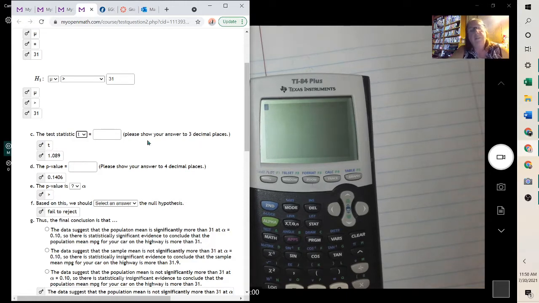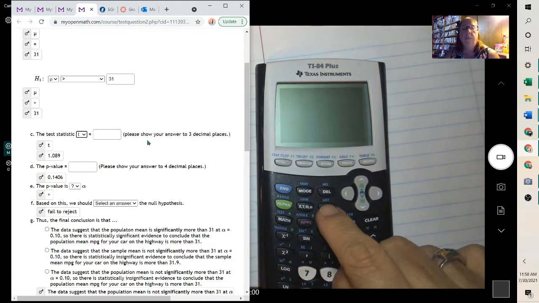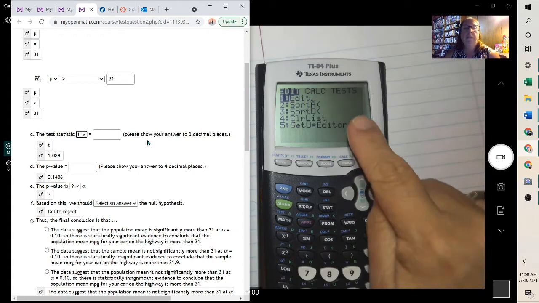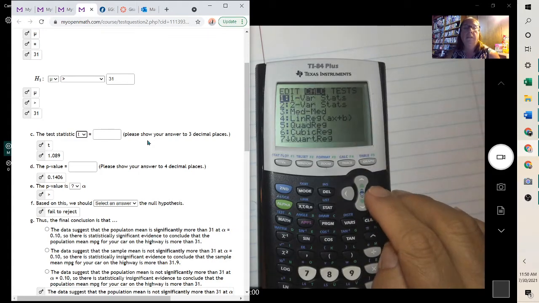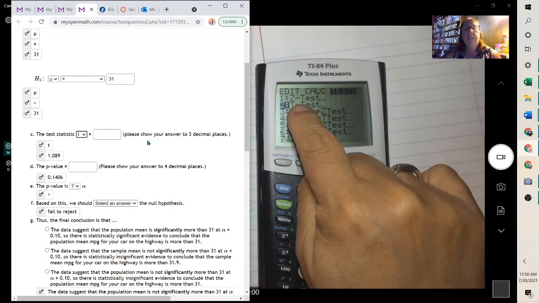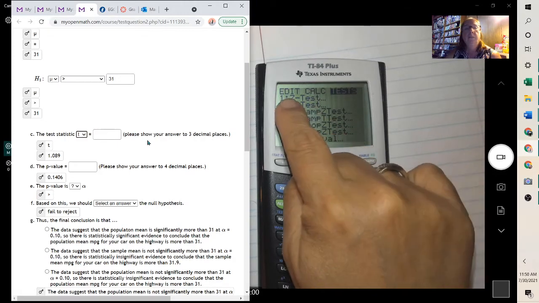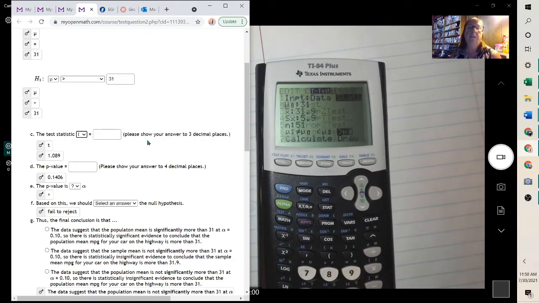We did say it was a t-test, so it's t. Now to find the values, we can go over to our calculator. You want to go under stat, over to test, and then we said it was a t-test. So Z and T is here, proportion is down here, but this one is a t-test. Hit enter.